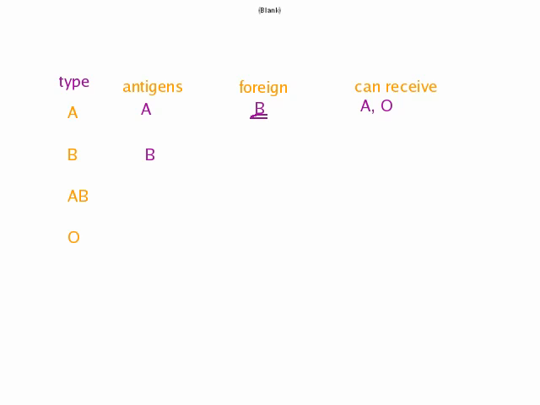So that immune system would recognize type B blood, or the B antigen, as foreign. This person can receive type A blood or they can receive type O blood.